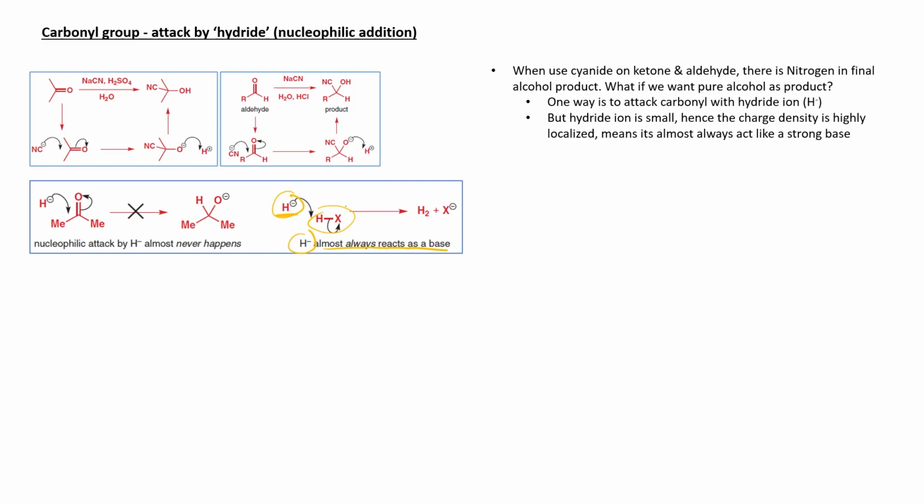So if you have this halide here, the electronegative fluorine or iodine or bromine or whatever will pull the electron towards this atom, and then this hydrogen will feel deficient in electron. So this hydride will take the opportunity to snatch this hydrogen in order to become H2.